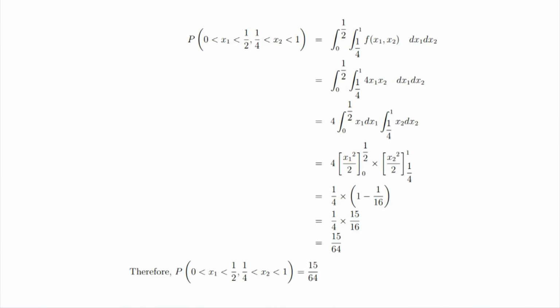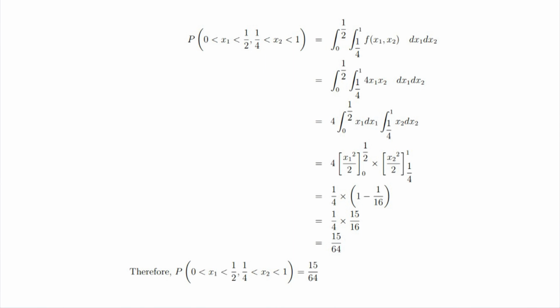Now, the probability of 0 < x1 < 1/2, 1/4 < x2 < 1 is equal to the integral from 0 to 1/2, integral from 1/4 to 1 of f(x1, x2) dx1 dx2, which is equal to the integral of 4 x1 x2 dx1 dx2, which is equal to 4 into the integral from 0 to 1/2 of x1 dx1 into the integral from 1/4 to 1 of x2 dx2, which is equal to 4 into x1²/2 in the limits 0 to 1/2 into x2²/2 in the limits 1/4 to 1.